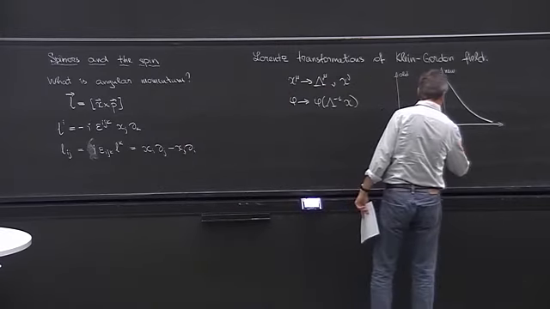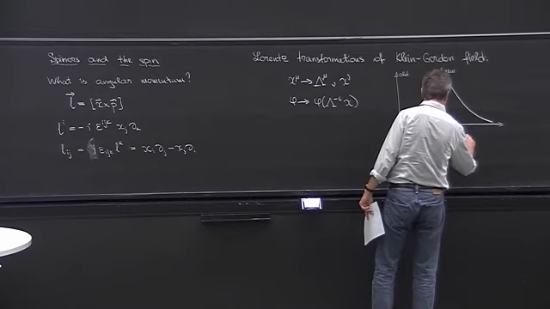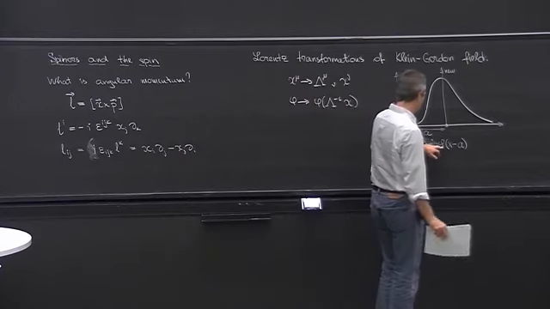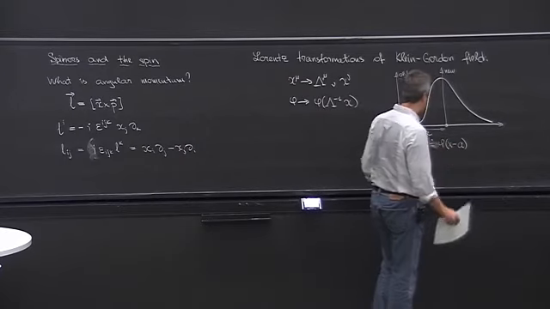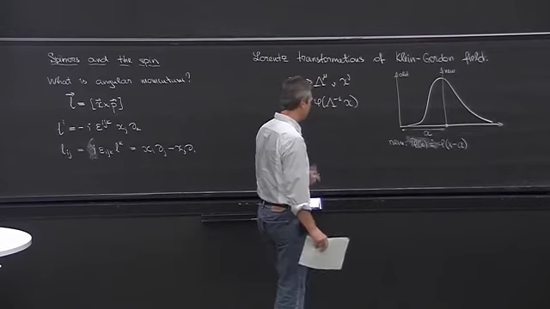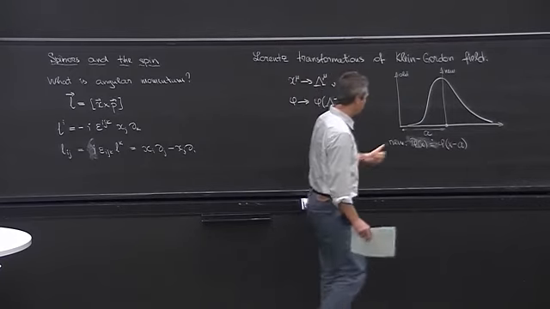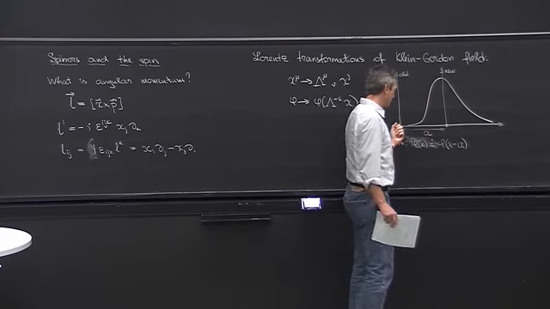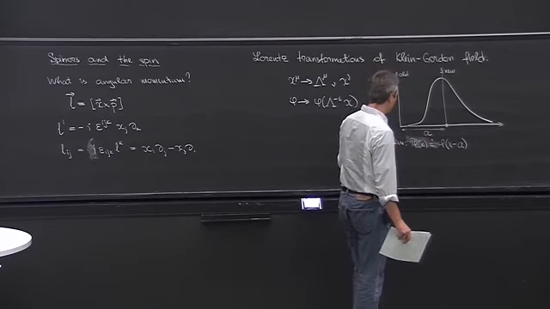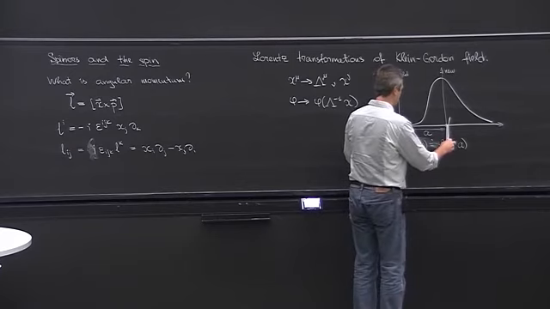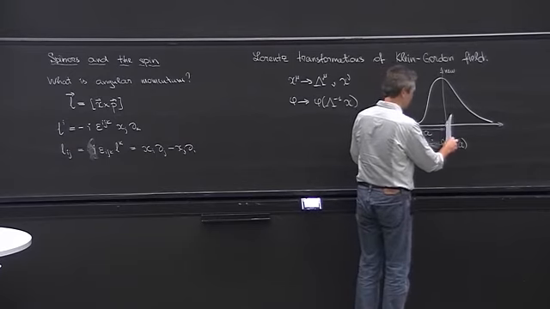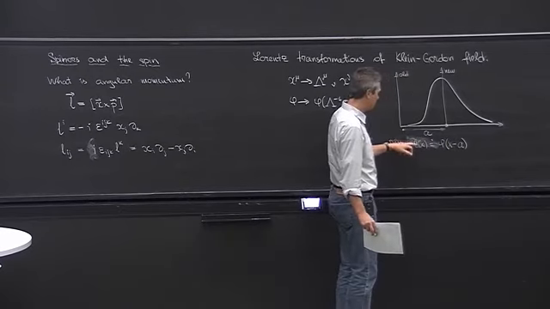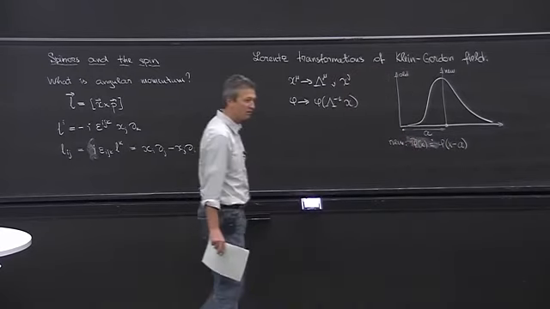What I'm trying to say is that this function will be the old function evaluated with, we need to go back to the original coordinate system where this point was distance a from the origin, evaluate this function there, and then this will give us phi in the new coordinates. Okay?